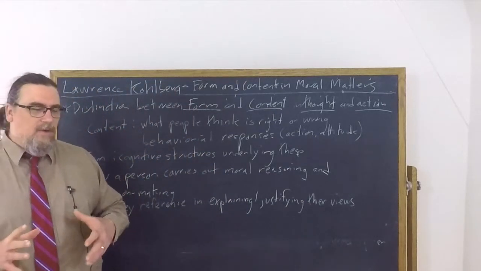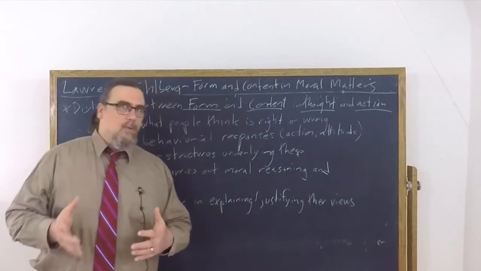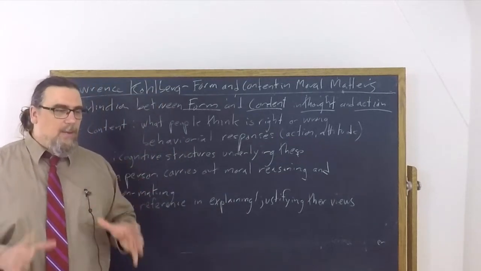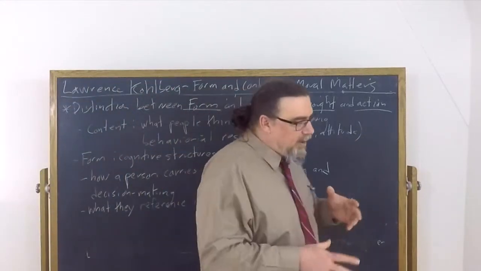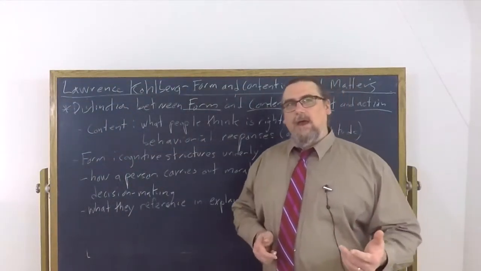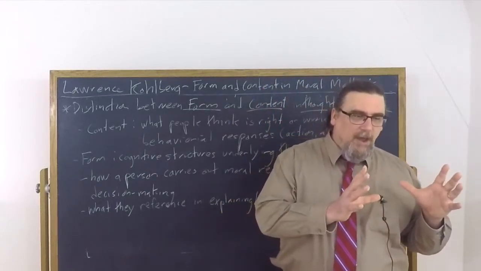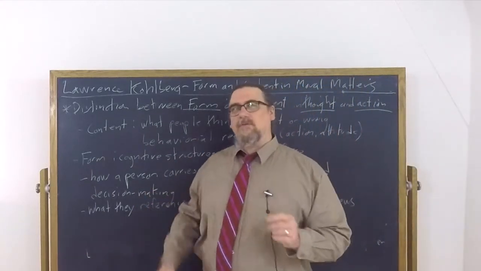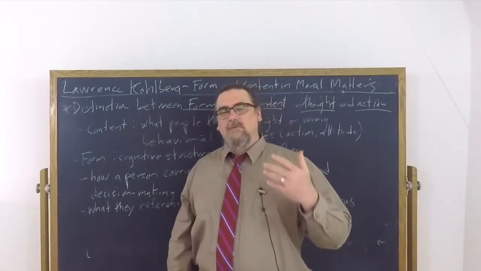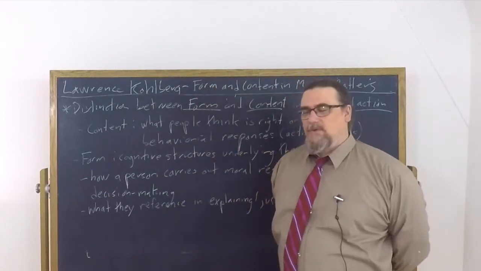Now, a lot of the early work that he did was with school children, but he also worked within prisons, and he would carry out these experiments where he would set up a dilemma, and I'll tell you about the dilemma in a moment, and then he would ask people to say, what is the right answer here, and then to give some sort of justification for their answer, to explain a little bit further.